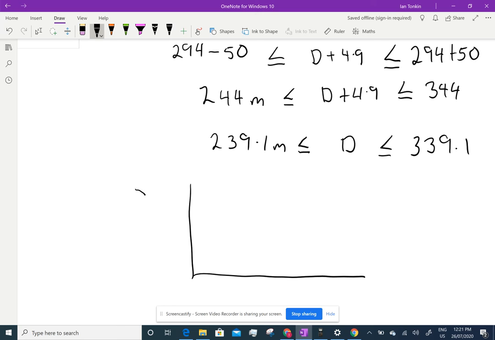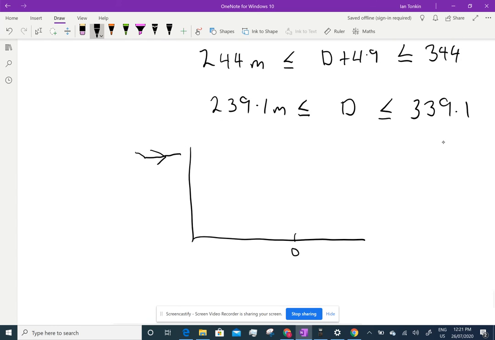Now, if you think about it, here's a plane, here's a sailor, and they've got to get this distance right to land it. Now, the sailor's drifting, so in the time it drops, the sailor will travel 4.9 metres.